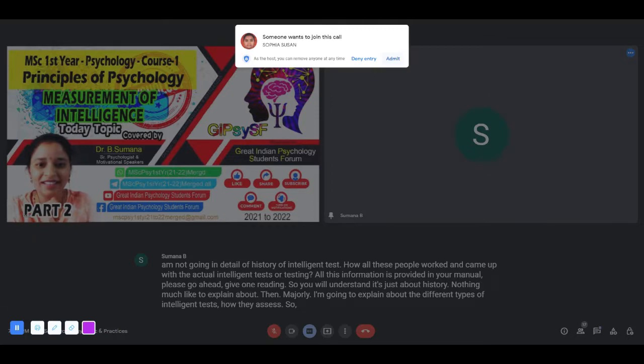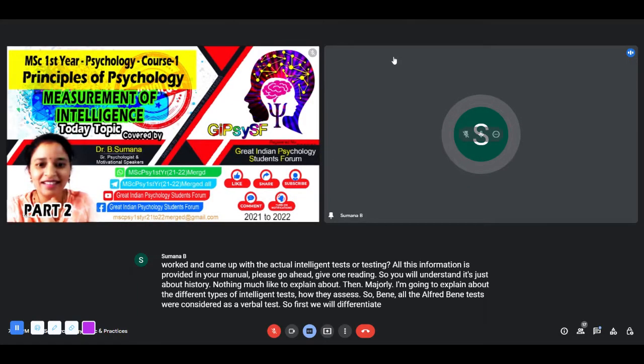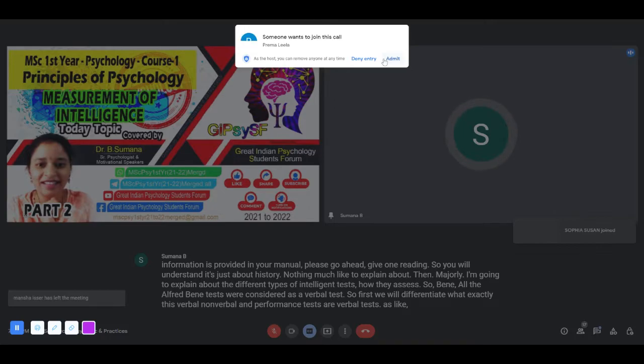All the Alfred Binet tests were considered verbal tests. First we will differentiate what exactly verbal, non-verbal and performance tests are. Verbal tests use the questioning form in a language.